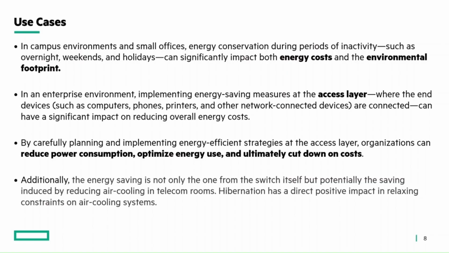For example, you normally wouldn't prefer to do the hibernation of a switch which is connecting one building to another building for backups. But normally, in the normal scenarios, you prefer to implement the energy saving measures at the access layers where the end devices such as computers, phones, printers, and other network devices are connected, which can lead to a significant impact on reducing overall energy cost.